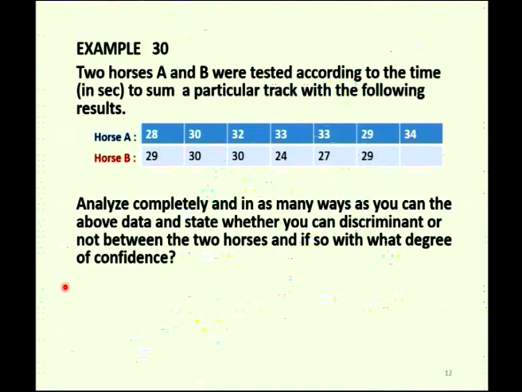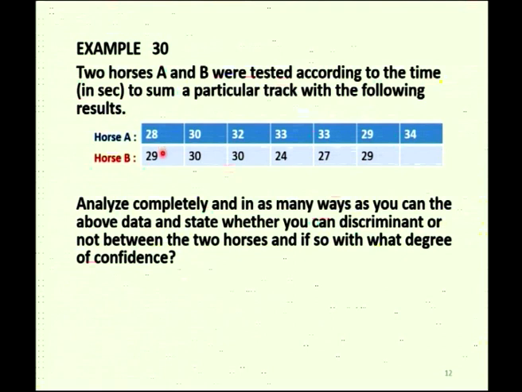Now, let us see this example where the values are not directly given to you. You have to calculate the values, the usual computation. Two horses A and B were tested according to the time in seconds to run a particular track with the following results.